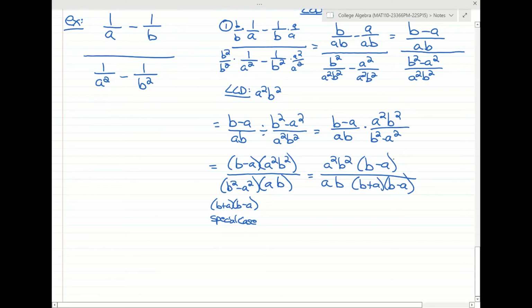We can cancel out a b minus a and a b minus a. We have a squared on top and an a on the bottom. One of those cancels, one of the b's cancel. We'll wind up with just ab on top with b plus a on the bottom.